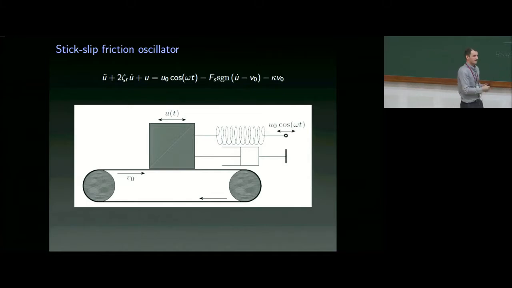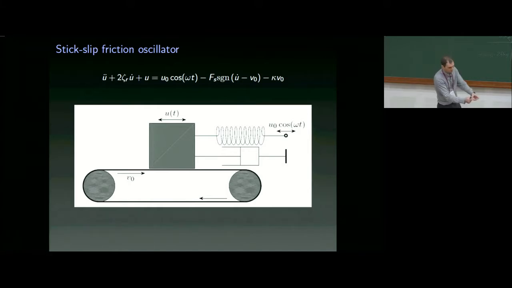Okay, so this system regularly exhibits oscillations, and to understand the oscillations we do our usual thing of putting in a Poincare section and deriving a Poincare map, and then looking at the dynamics of the map.